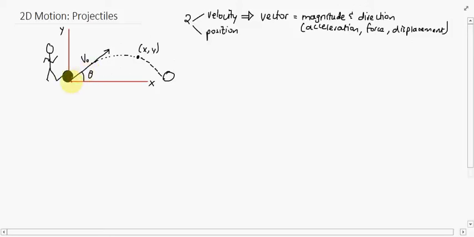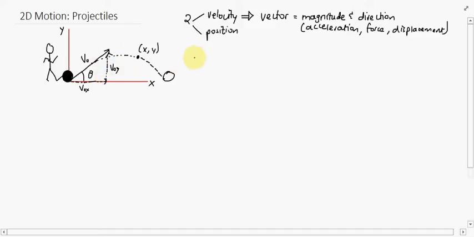In essence, it means that I can break this velocity into a horizontal component, which we'll call v sub naught x, to indicate the initial velocity in the x direction. And we'll also have a component in the y direction, which we'll call v sub naught y, to denote the component of the initial velocity going in the y direction.